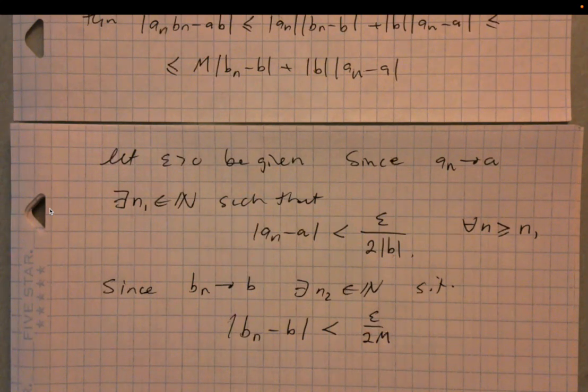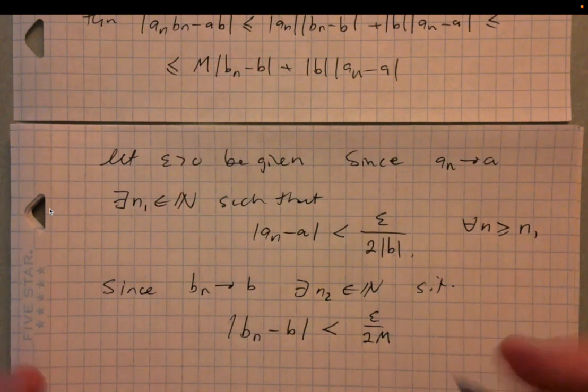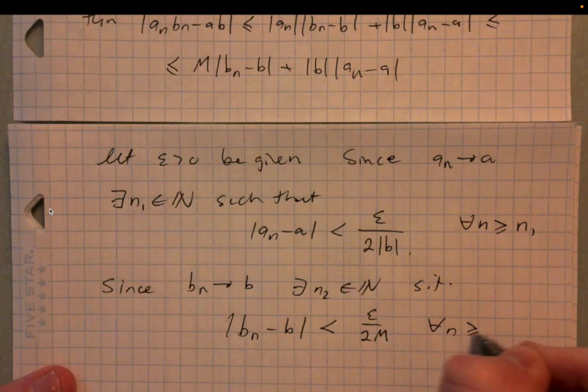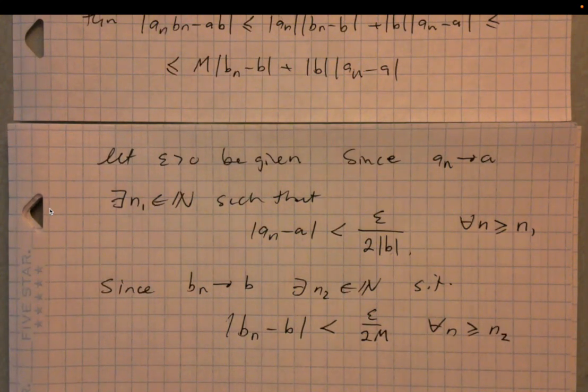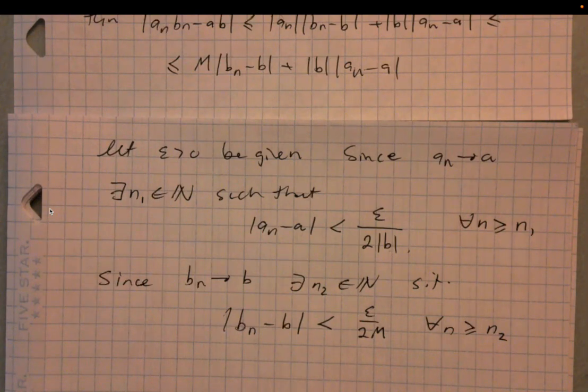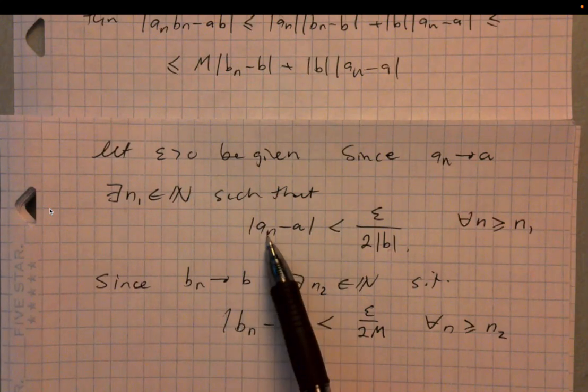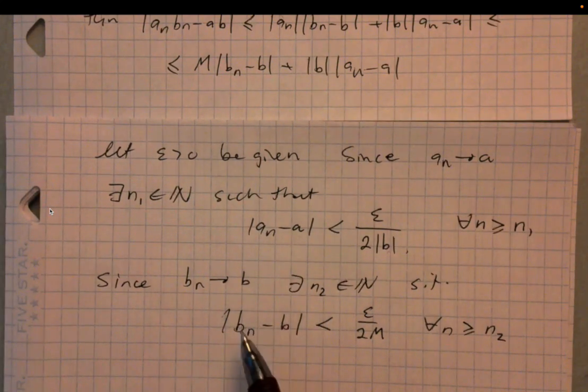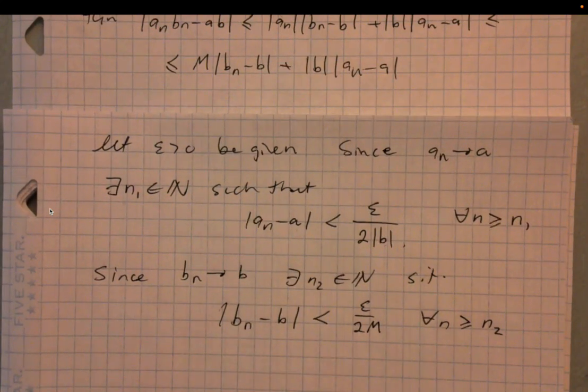Remember, that's the constant term from above. And this is going to be true for all n greater than or equal to n2. Now, we use n1 and n2 because these are different sequences, so the natural number that applies to the a sub n sequence may not be the same as the natural number that applies to the b sub n sequence. So just a different notation because they're potentially different numbers.